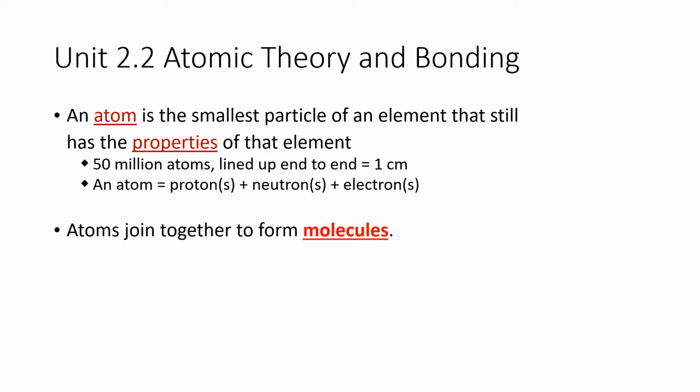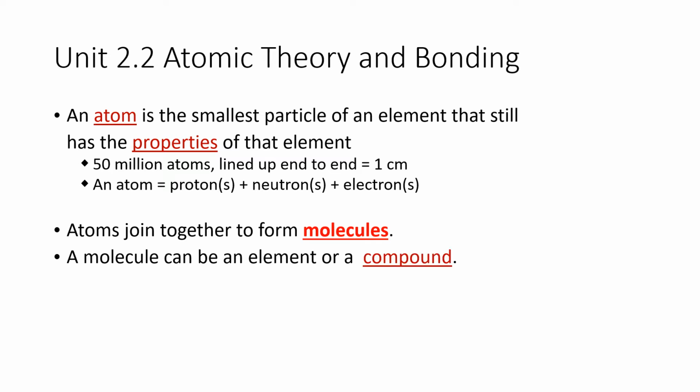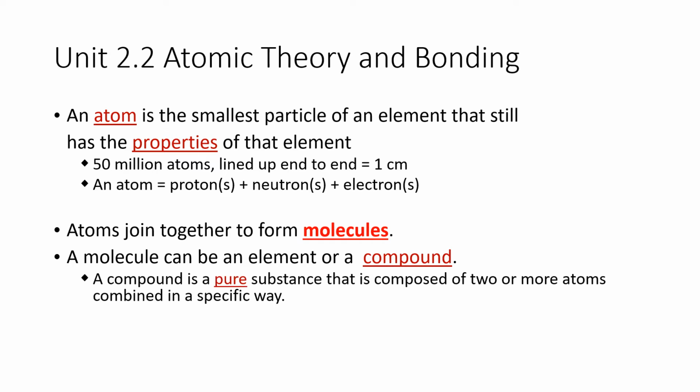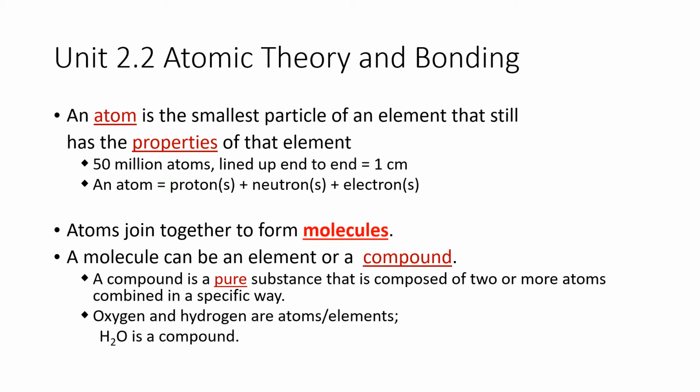When atoms join together, they form molecules. And a molecule can be either an element or a compound. If we say compound, it means we're talking about a pure substance that is composed of 2 or more atoms that are combined in a specific way. So oxygen and hydrogen are both atoms or elements, depending on how you want to look at it.